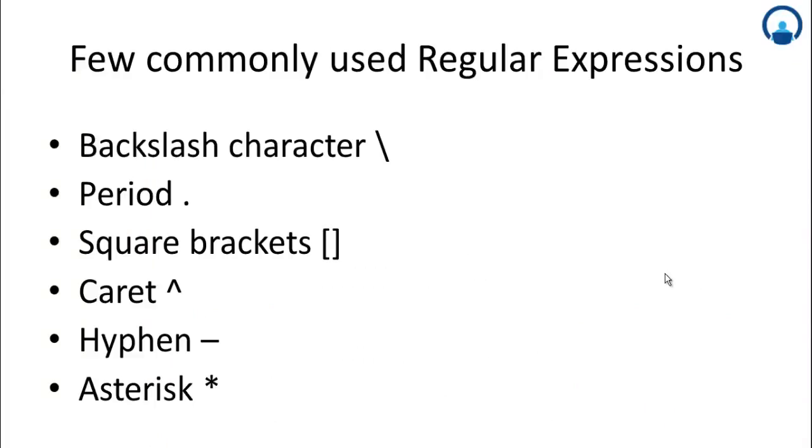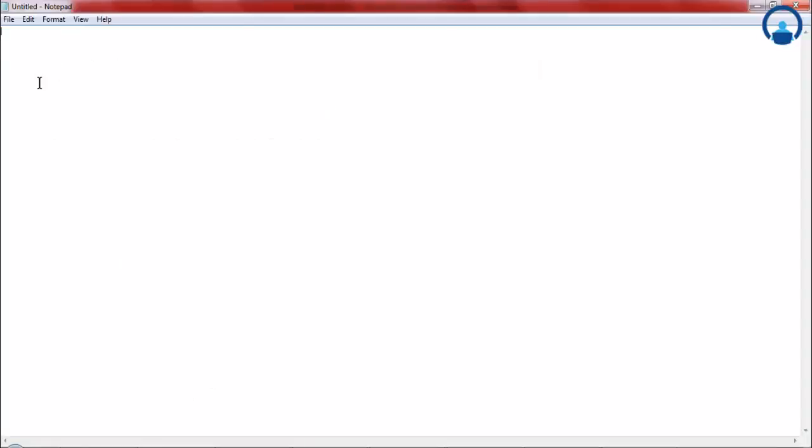My next example is square brackets. To match a single character within a range, you can use square brackets with the hyphen character. For instance, to match any year in the 1960s, you can enter 196, and in square brackets you can write from 0 to 9. I'll show you the example in Notepad. Suppose I want to match a single character within a range, for example, any year in the 1960s.